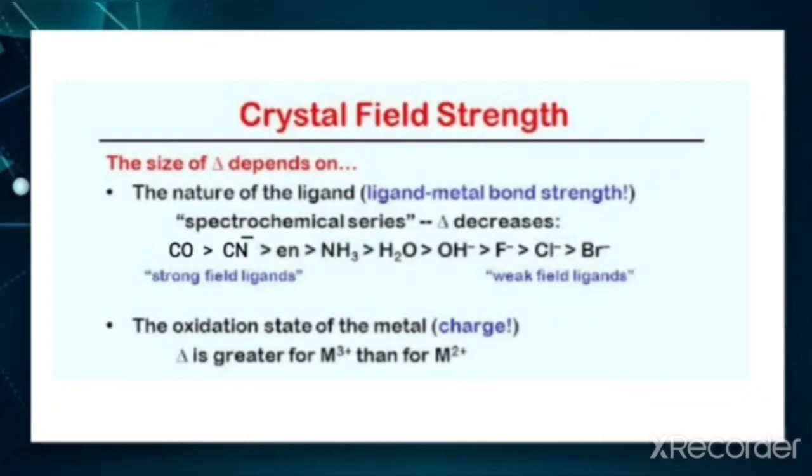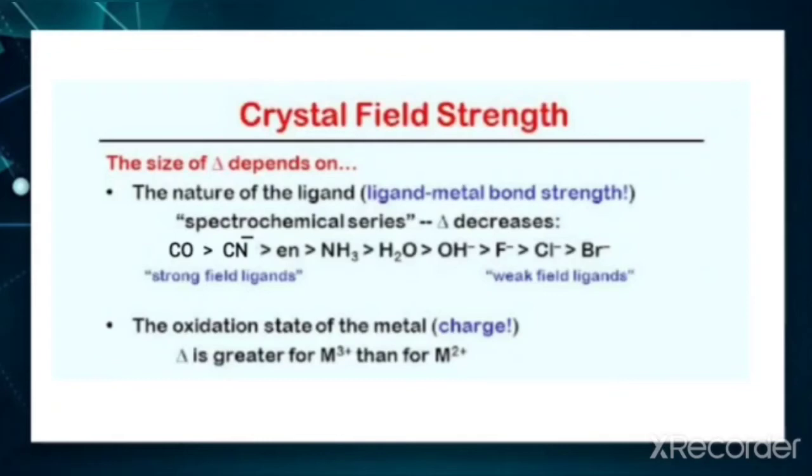So such a series is termed a spectrochemical series. It is actually an experimentally determined series based on the absorption of light by the complexes with different ligands. It is not necessary now to study why one is stronger or weaker; that is in higher studies. So this experimentally determined series is the spectrochemical series for the ligands.